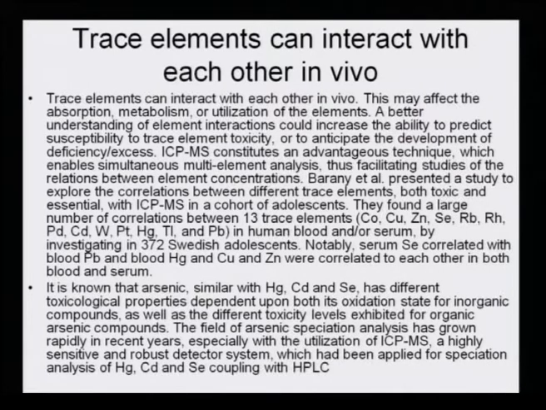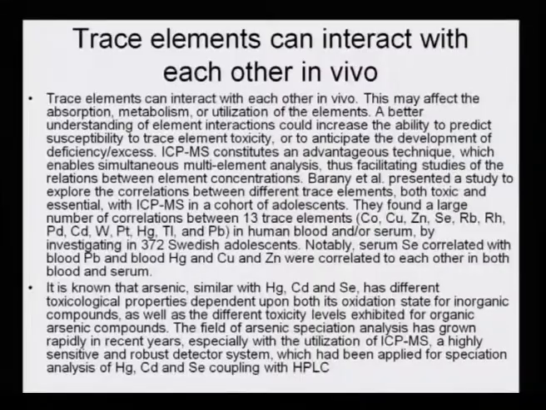They found a large number of correlations between 13 trace elements such as cobalt, copper, zinc, selenium, rubidium, rhodium, palladium, cadmium, tungsten, platinum, mercury, thallium and lead in human blood and serum by investigating 372 Swedish adolescents. Now, they took 372 young people and tried to look at their blood and serum and analyze these 13 trace elements.